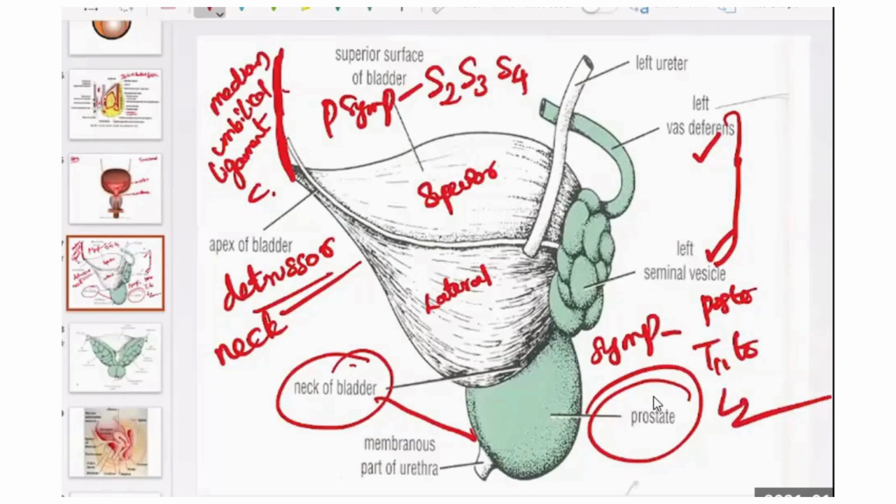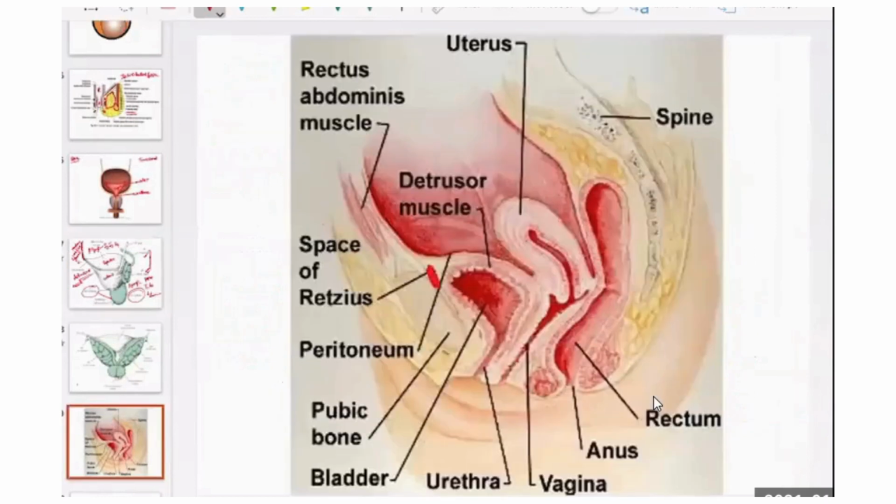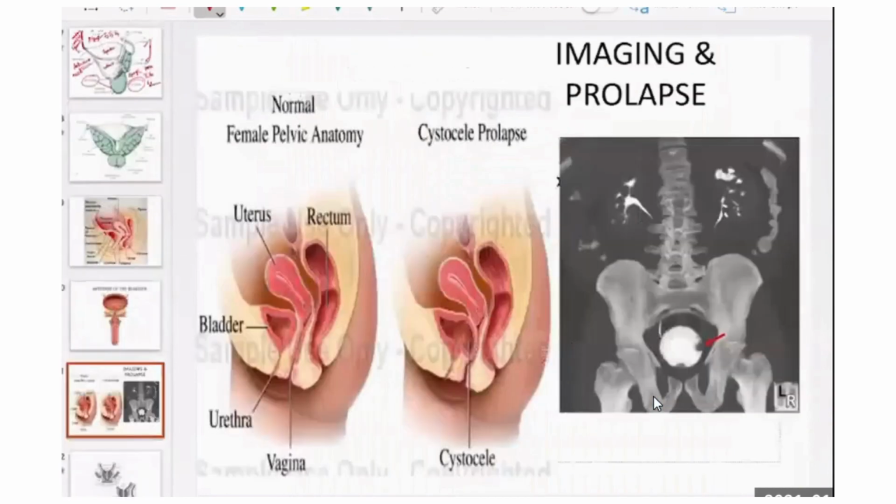See on this picture, posterior to the bladder, it is the uterus. This space is called the rectouterine space. This is the prostate.